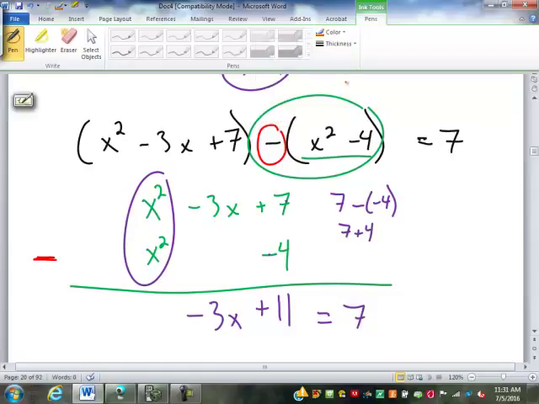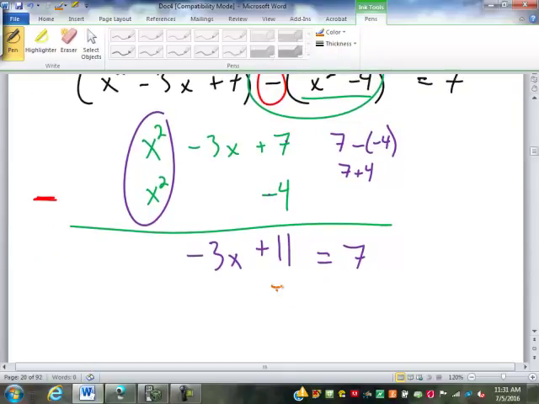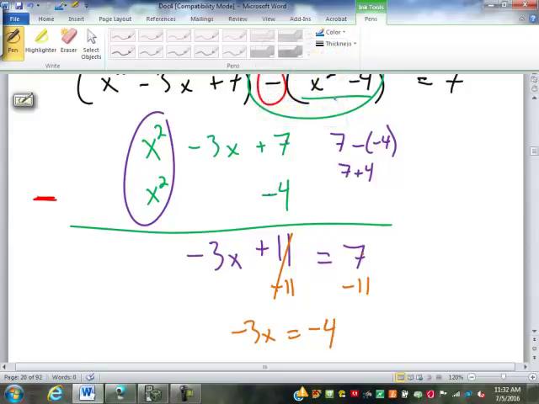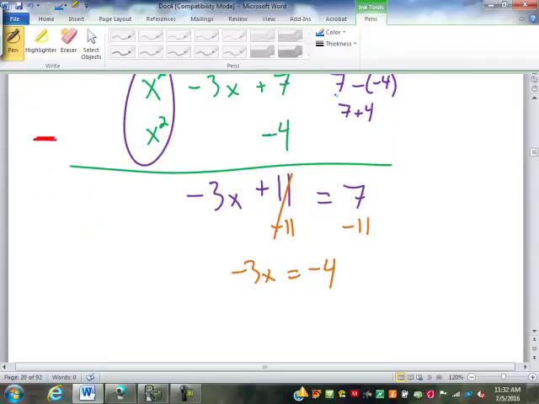Now what? Subtract 11. So we have negative 3x. 7 minus 11 is negative 4. And then x is multiplied by negative 3, so we are going to divide by negative 3.